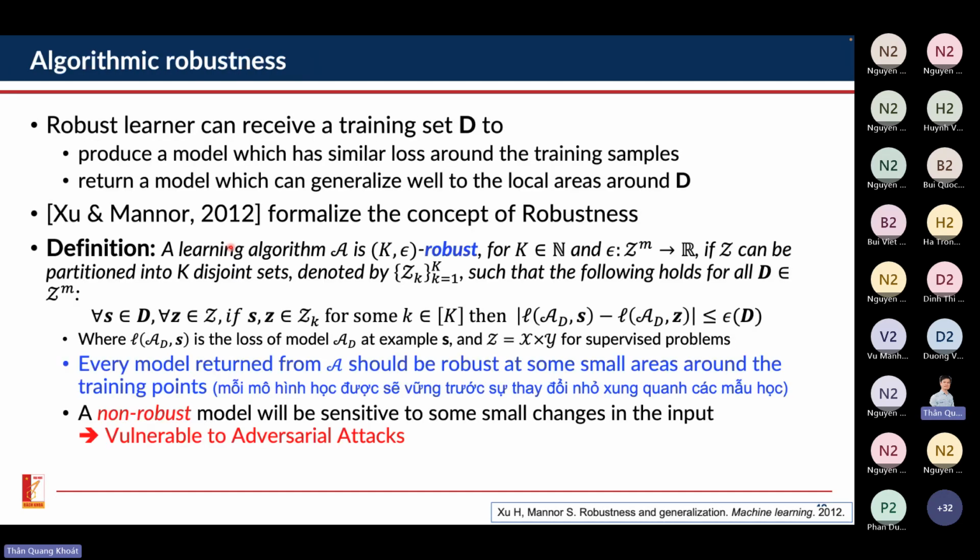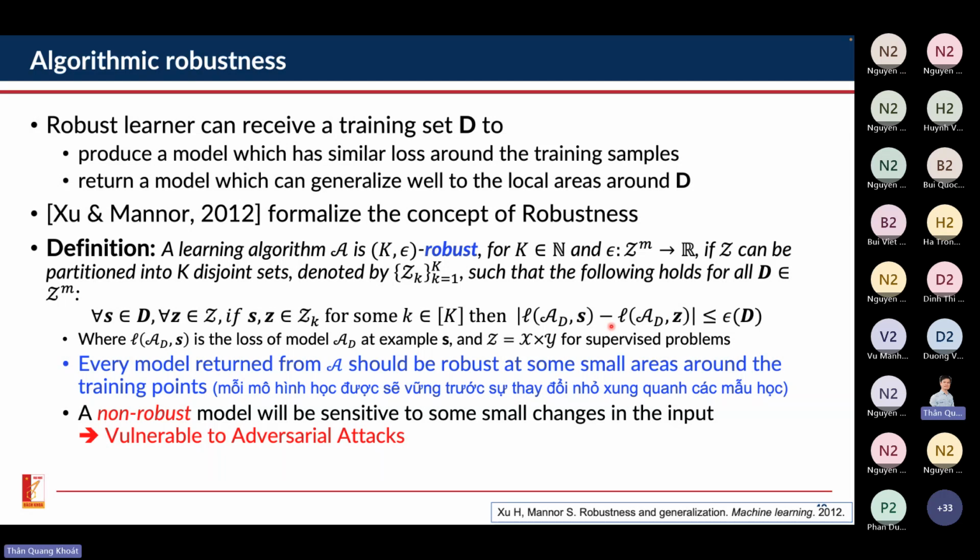But well, what is robust here? Here is how we define it. Essentially, the losses of two close points should be small. That's all. Essentially, it refers to something like this.